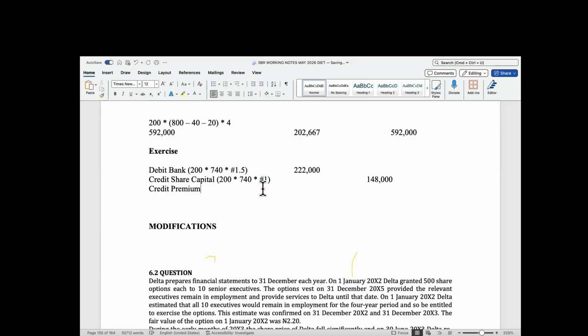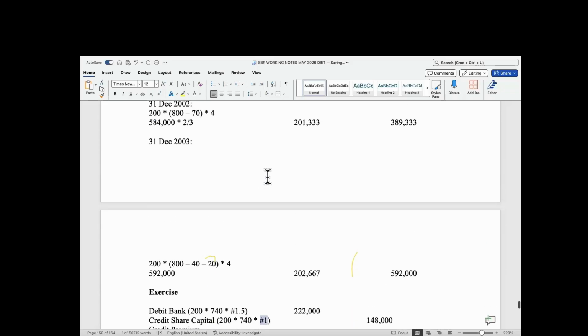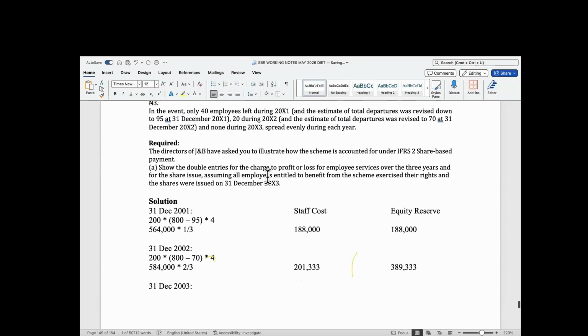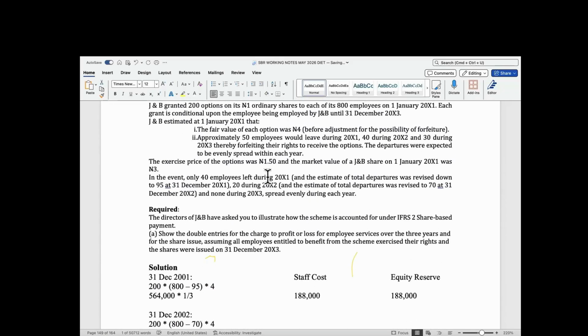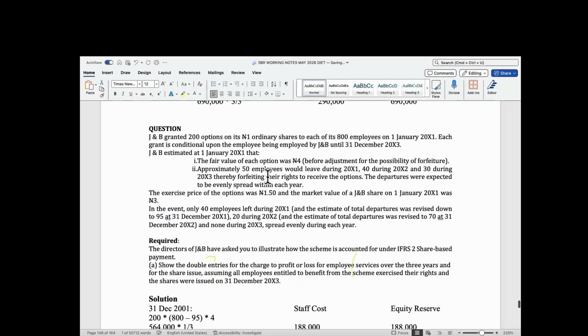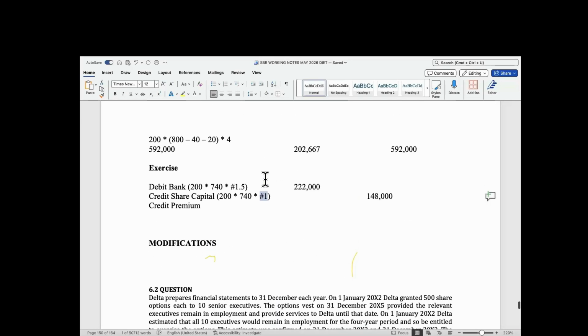The difference between the market price and the nominal value goes to share premium, not the exercise price. Were we given the market price at the exercise date? We're not given. We don't have it, so we cannot get share premium as a standalone. We can only get it as a balancing figure.